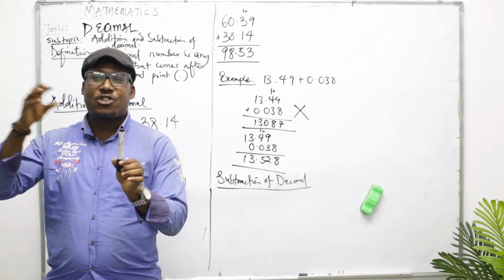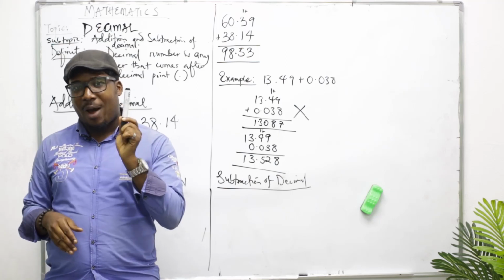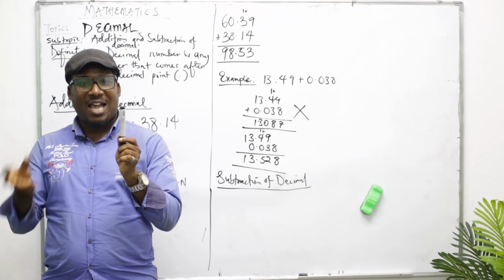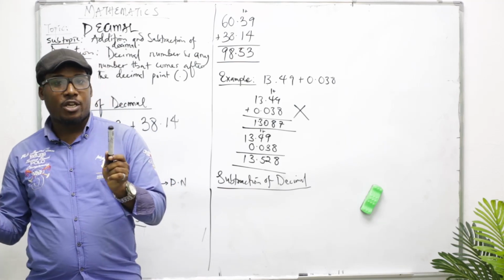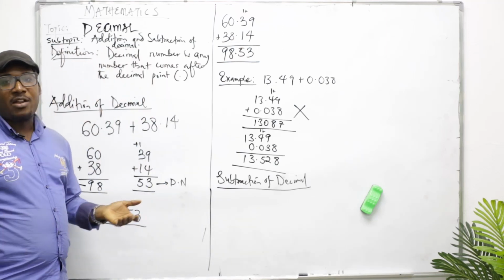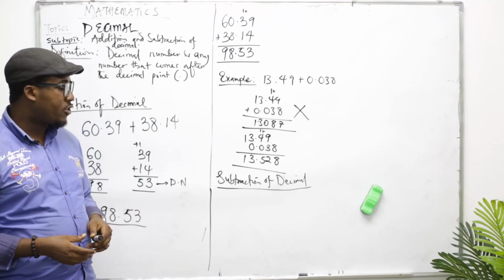I have added something I want. Maybe I do not like the white that much. I want a blue. I added the blue. Hence, addition. So subtraction is taking away. Addition is bringing together.